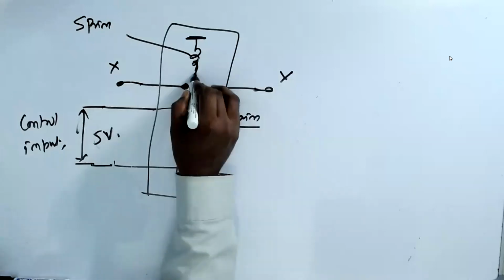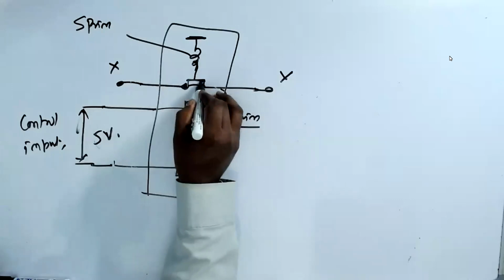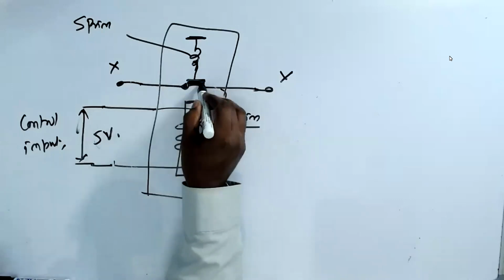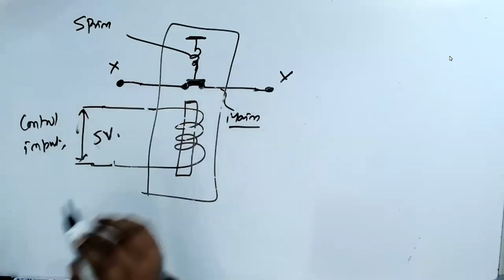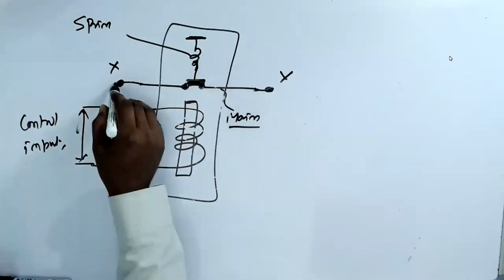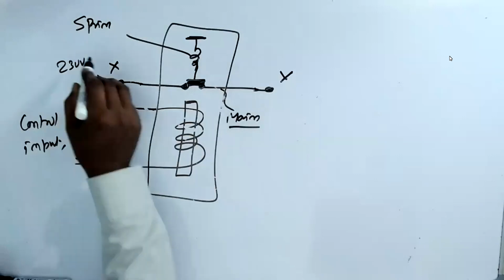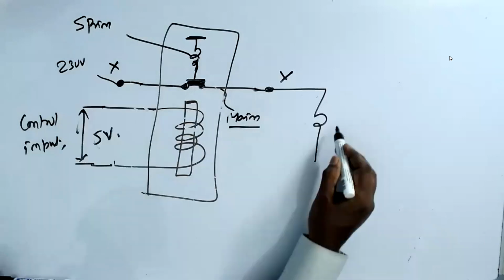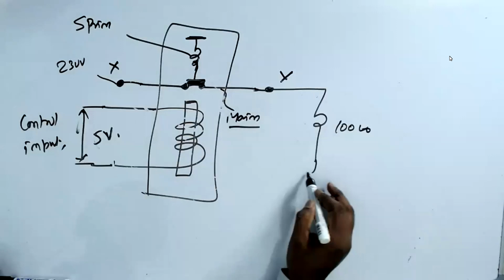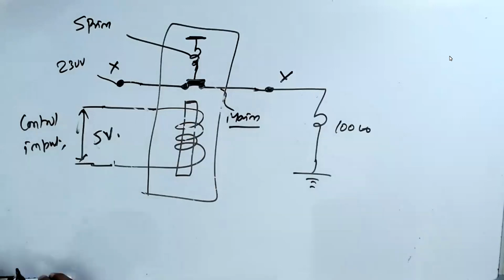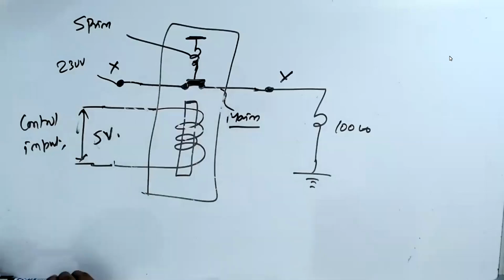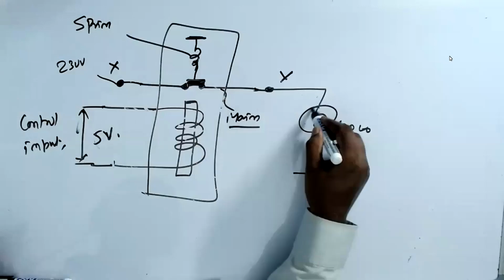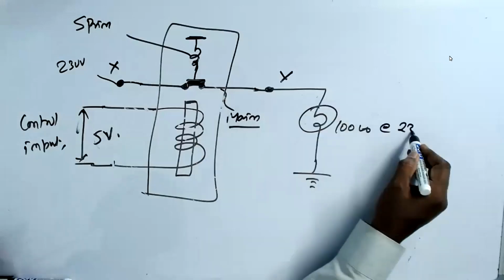When it stops, since it's a metal piece, it makes the connection between these terminals. Now, if you give 230 volts here and connect a 100 watt bulb, understand? Now this is controlling, so your bulb of 100 watts at 230 volts is going to glow.